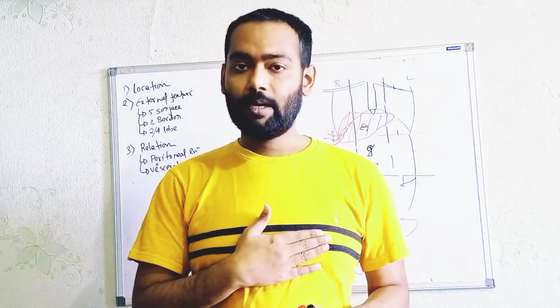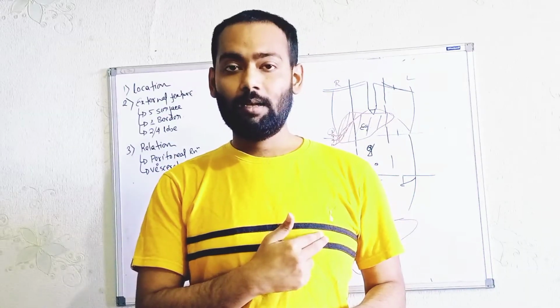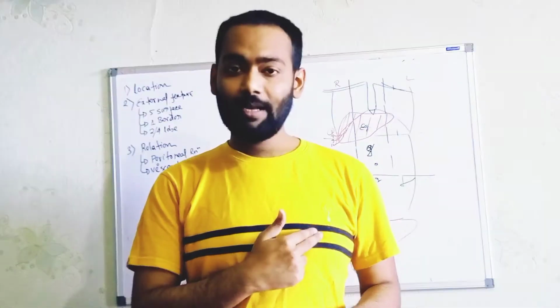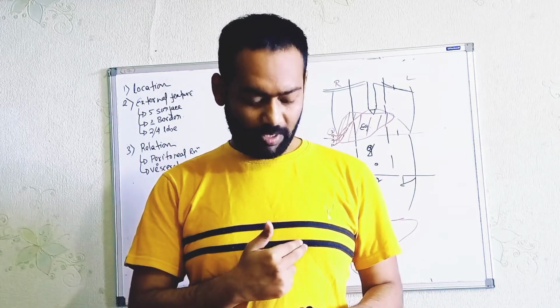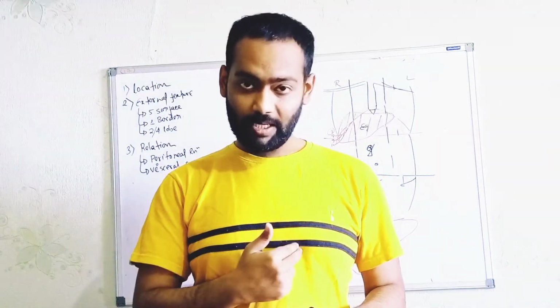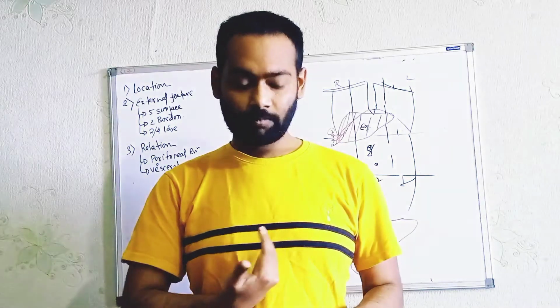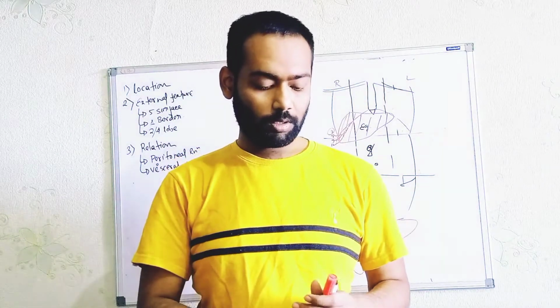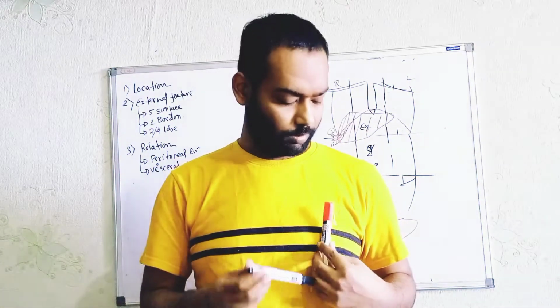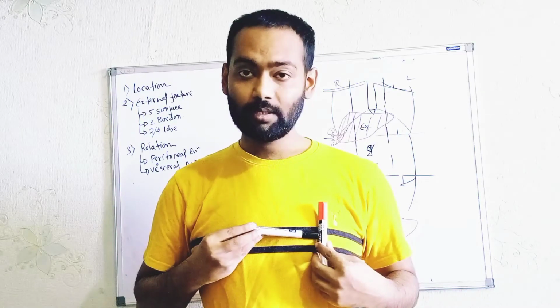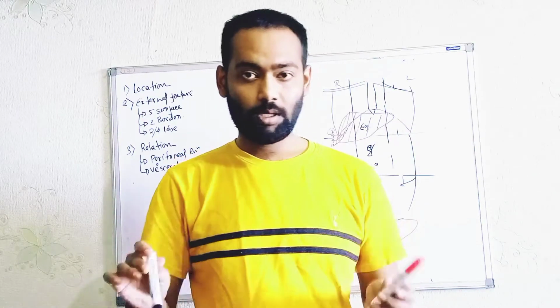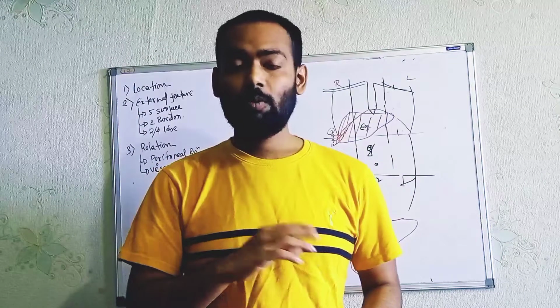Now the left part. So this is our left nipple. Left nipple, below medially. So this is our medial side. This is our lateral side. So if this is the nipple, this is the medial side, this is the lateral side. Clear? So what is this?